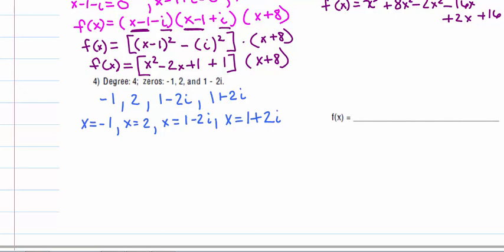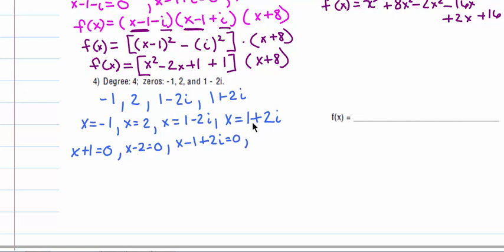For my first zero, add 1 to both sides, so I have x plus 1 equals 0. For the second one, I have x equals 2, so subtract 2 from both sides. I have x minus 2 equals 0. The next one, I have to subtract 1 and add 2i to both sides, so x minus 1 plus 2i equals 0.